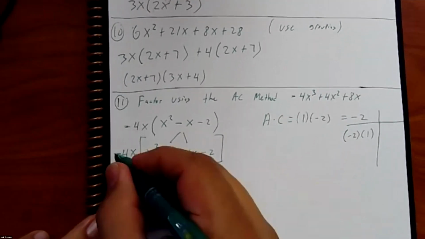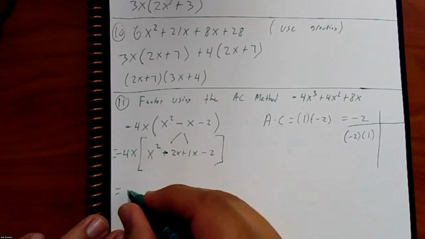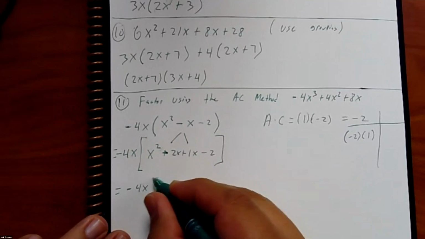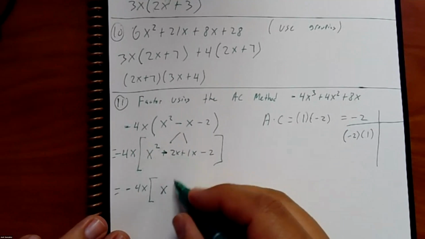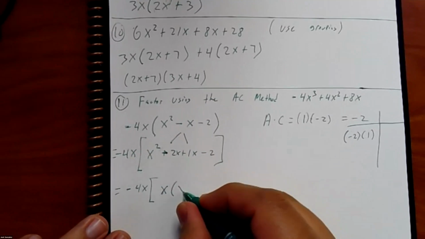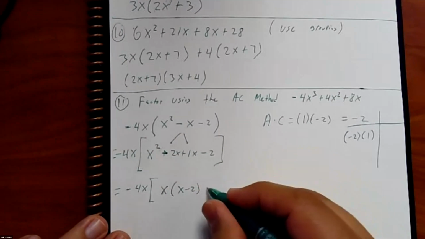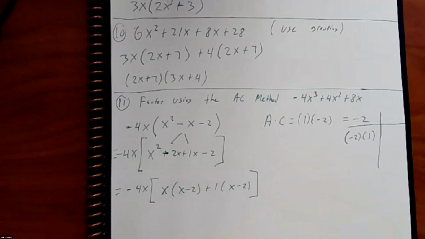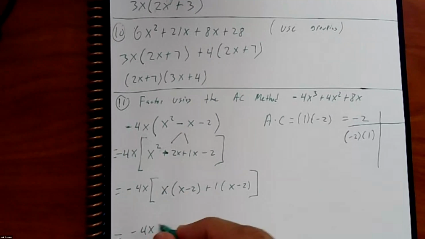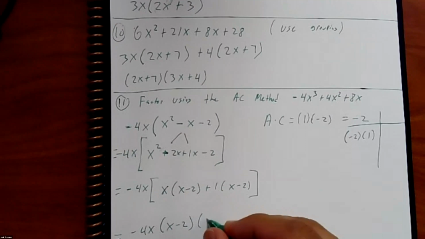Now you do grouping. Factor x from these first two terms, getting you x minus 2. Factor, well, there's nothing in common, so 1. So we get negative 4x times x minus 2 times x plus 1.